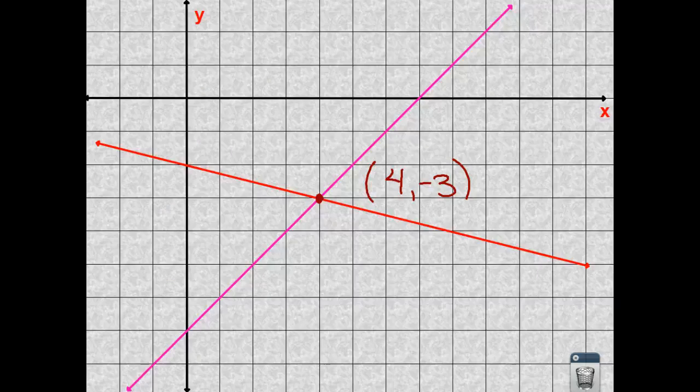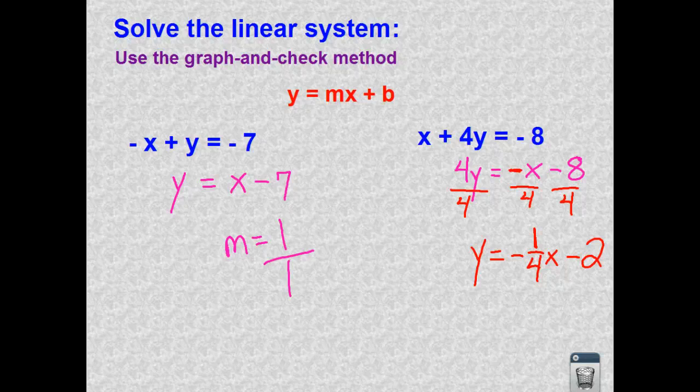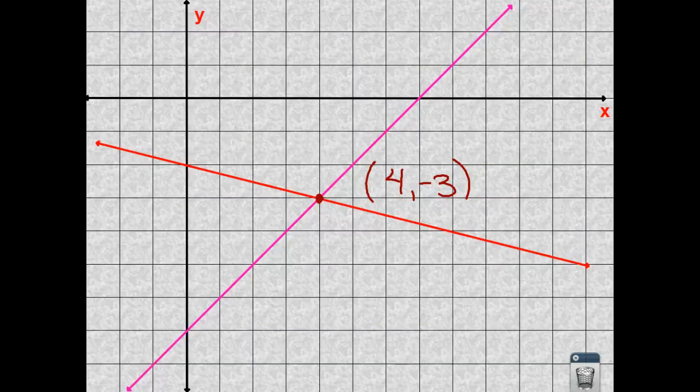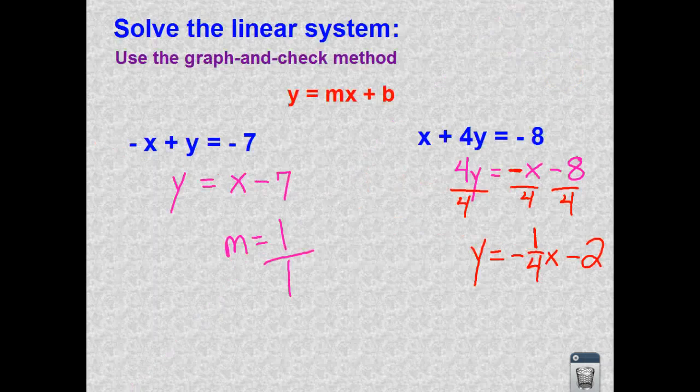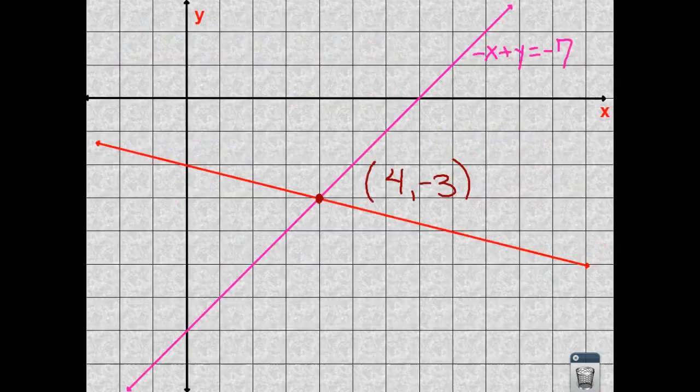I want to clean up one thing. I like when we label the lines after we graph them. So the pink line right here says negative x plus y equals negative 7. And then the red line we will label as x plus 4y equals negative 8.